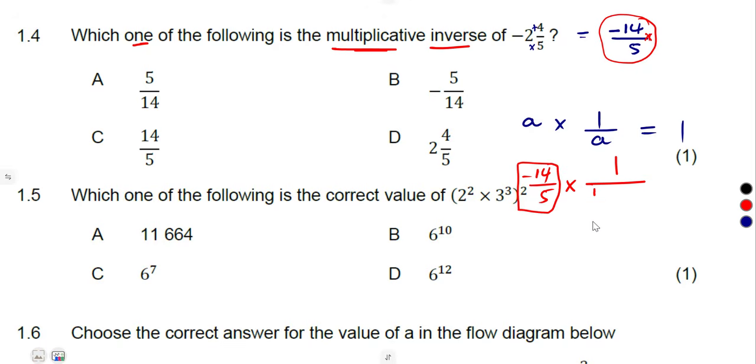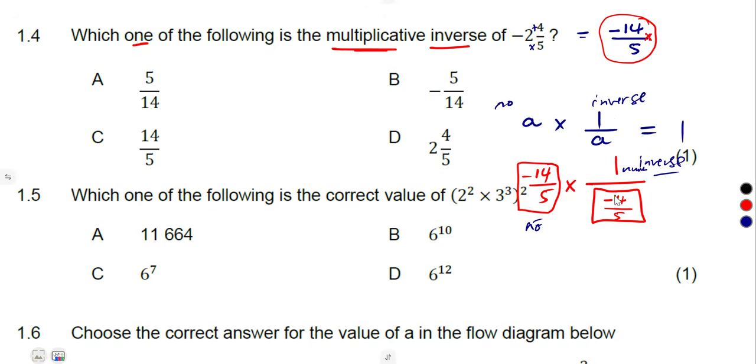We take it as it is, so it's 1 over that part. Negative 14 over what? Over 5. So this term A, this is its multiplicative inverse. So we have got a number, then its multiplicative inverse. So this is our number, and this is the multiplicative inverse.